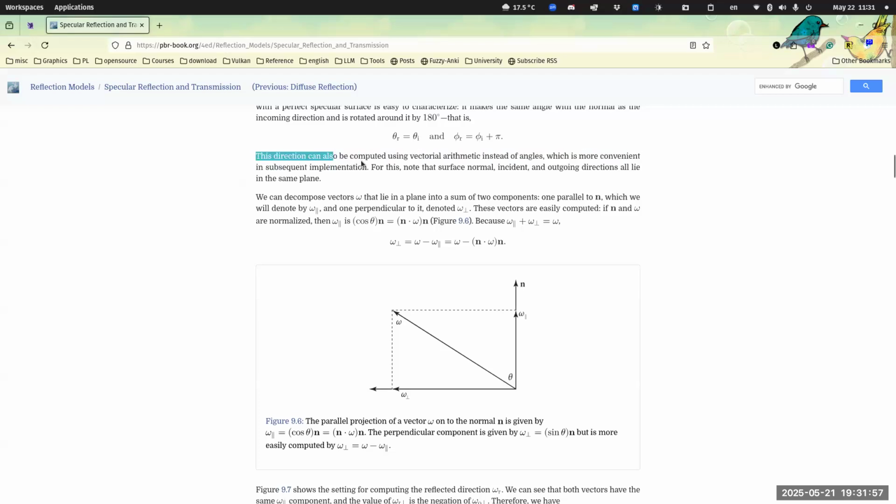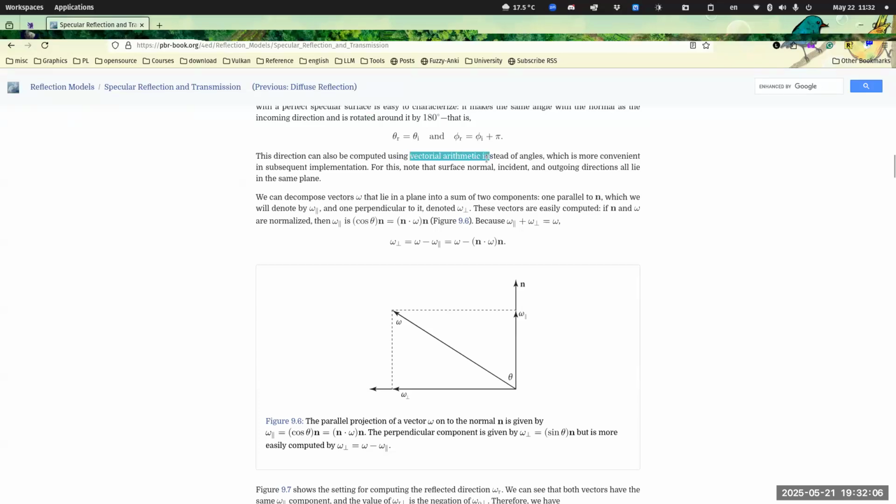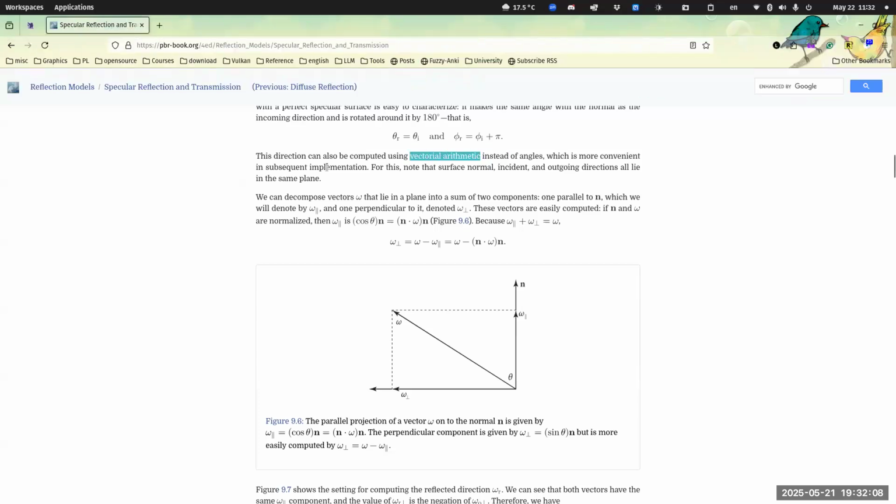This direction can also be computed using vectorial arithmetic instead of angles, which is more convenient in subsequent implementations. There was an interesting article called "Avoiding Tricks."